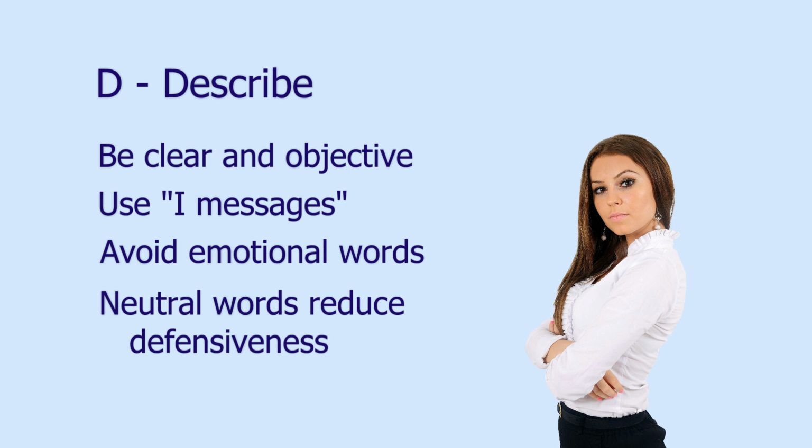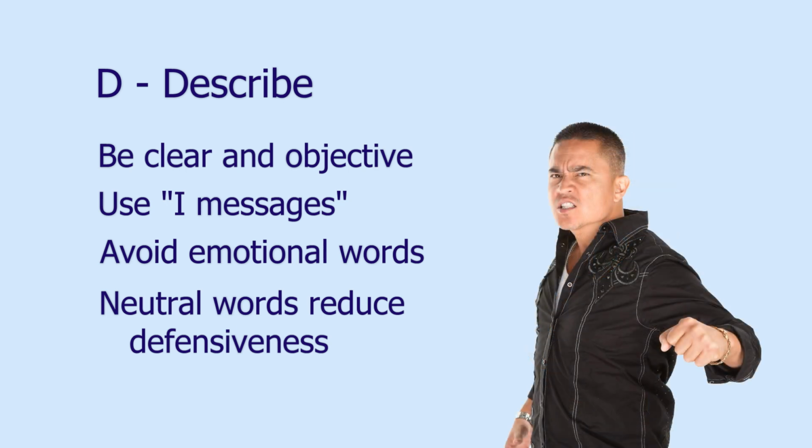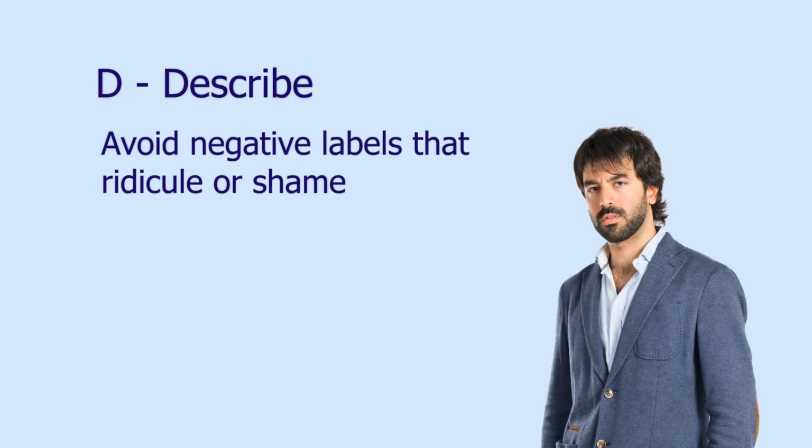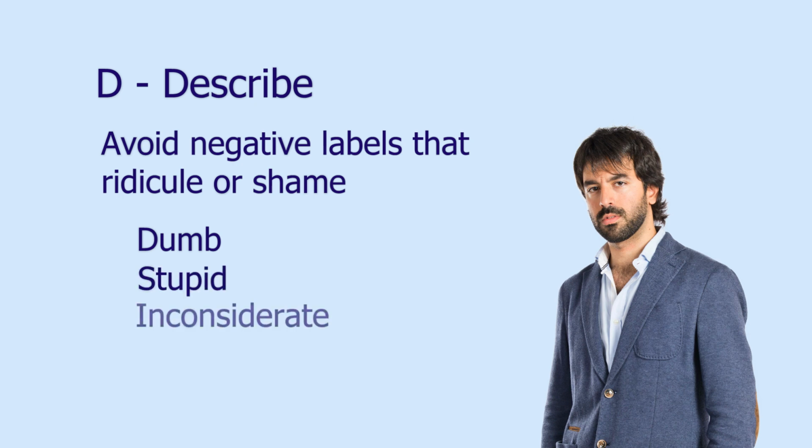This is often difficult for people who come from families that used criticism and put-downs frequently. If this is true for you, pay special attention to avoid negative labels that ridicule or shame the other person, such as dumb, stupid, inconsiderate, or selfish.